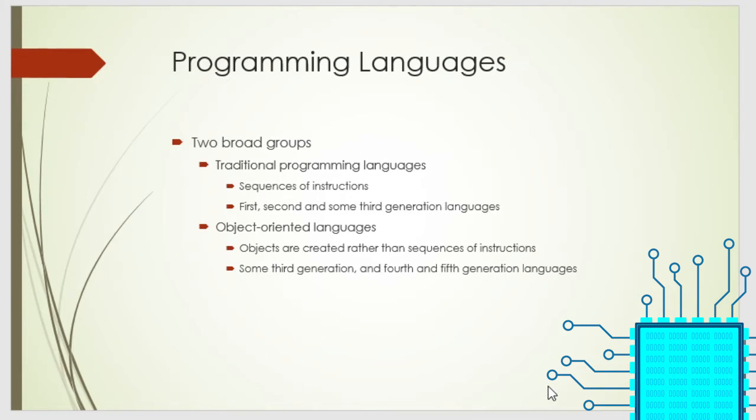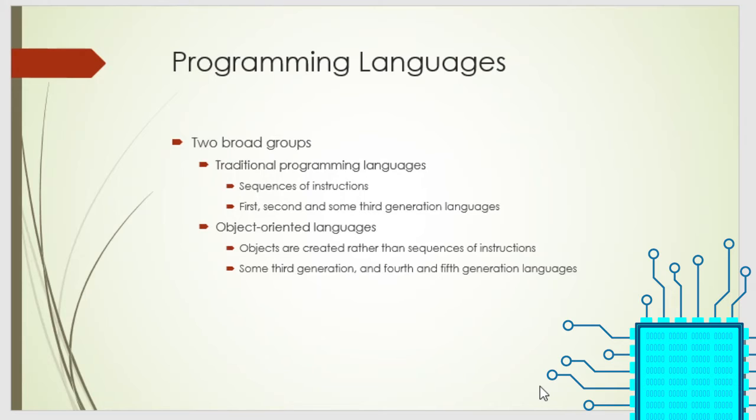The programming languages are classified into traditional programming languages and object-oriented programming languages. In the traditional way of programming, the coding is done as a sequence of instructions, without any grouping.